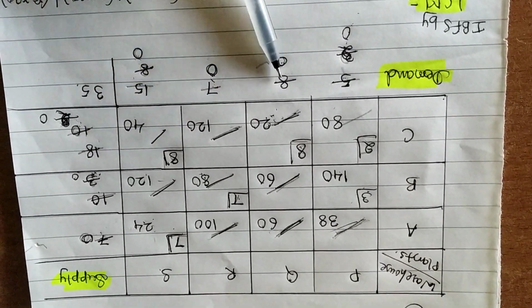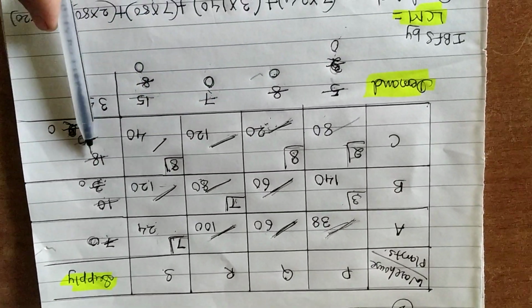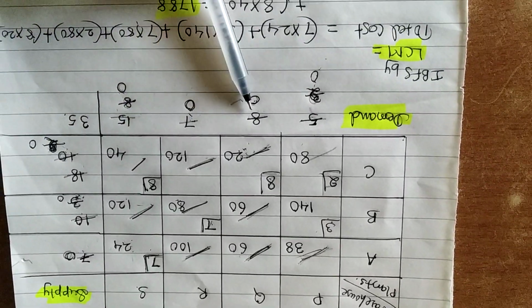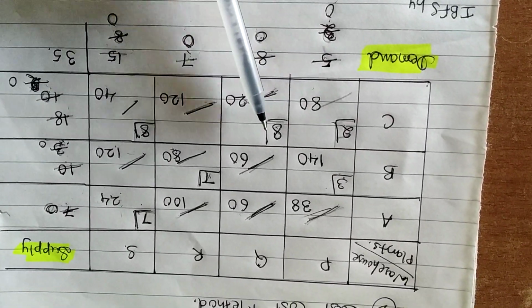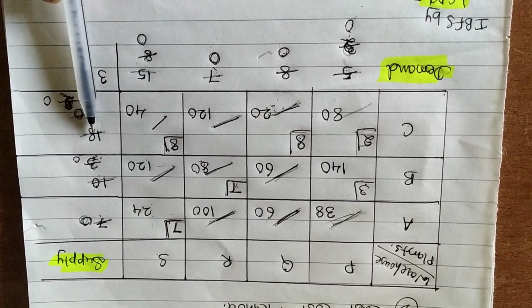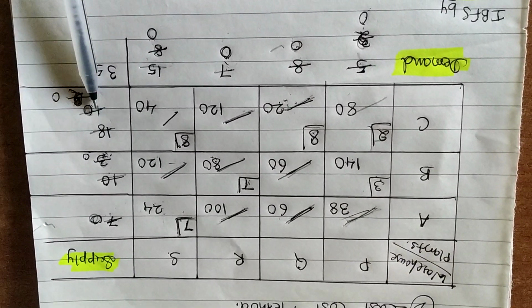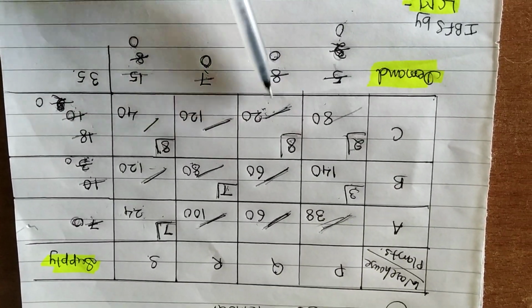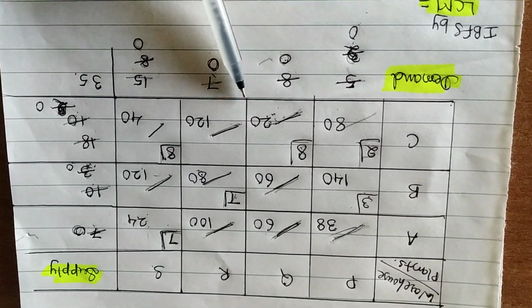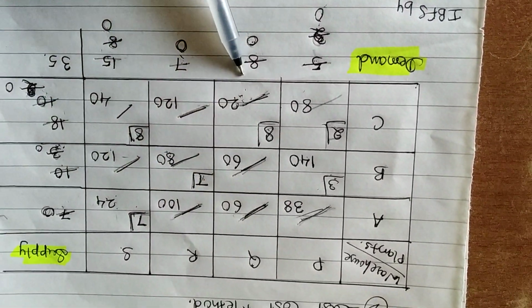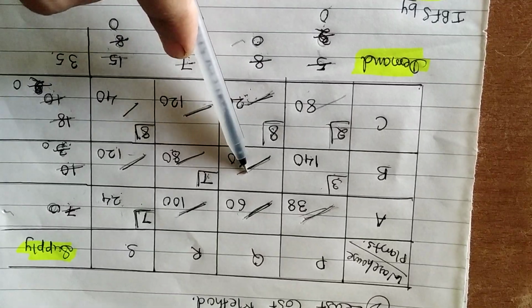Okay, what is the demand? It is 8. What is the supply? It is 18. So you take 8, write down the 8, and 18 minus 8 is equal to 10. This column is also 0, so this is cut, this cut, this cut.